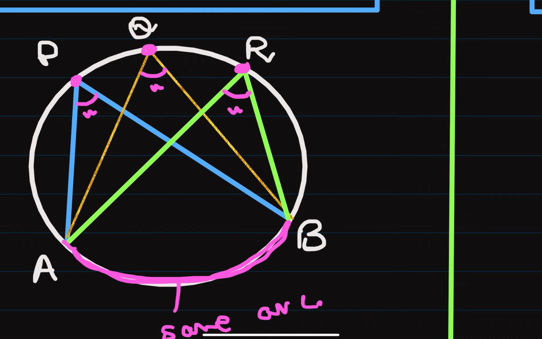That we say that angles subtended by the same arc are equal, right? Because they face the same arc.